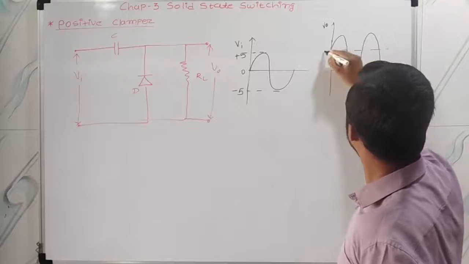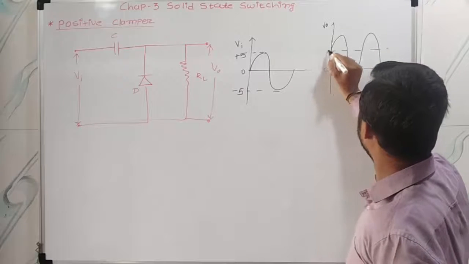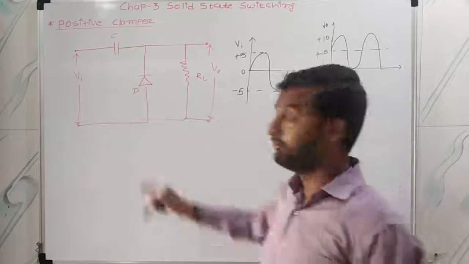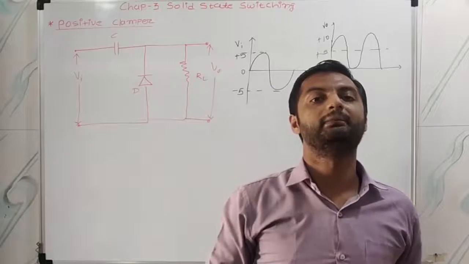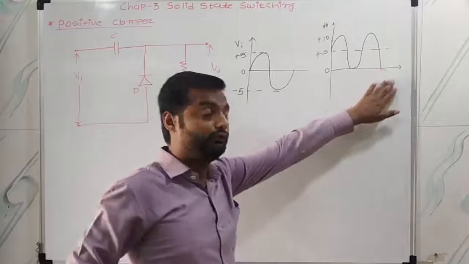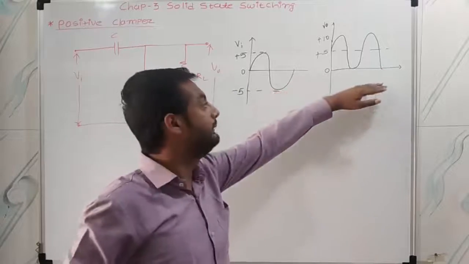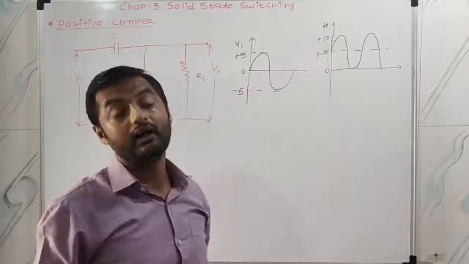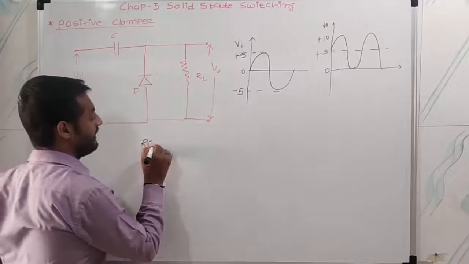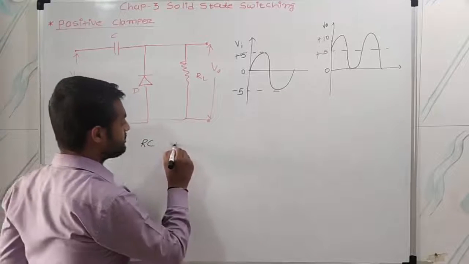Here it is 0, here it is 5, it is 10. Why? Because it is a positive clamper circuit, so your input waveform will be shifted in the upward direction, right?